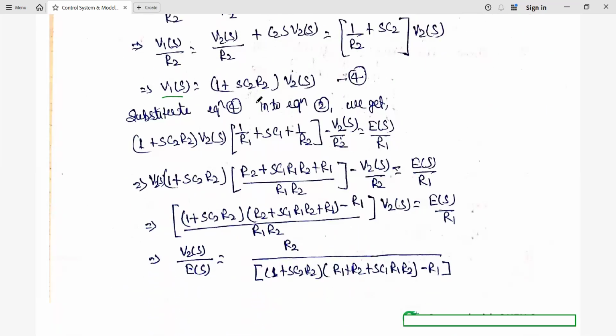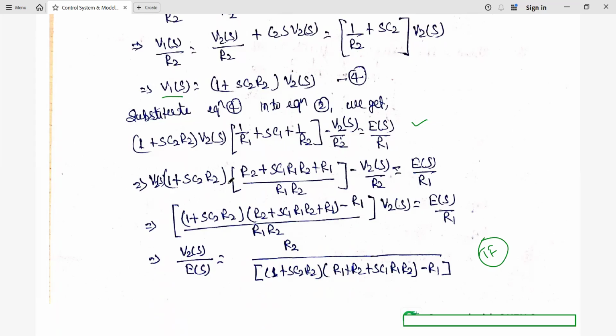After substituting, we have this expression, and finally we do a small simplification, and we are able to write V2 of S upon E of S. This is our final transfer function in the case of an electrical system, or we can say the model of the electrical system, how we get the transfer function.